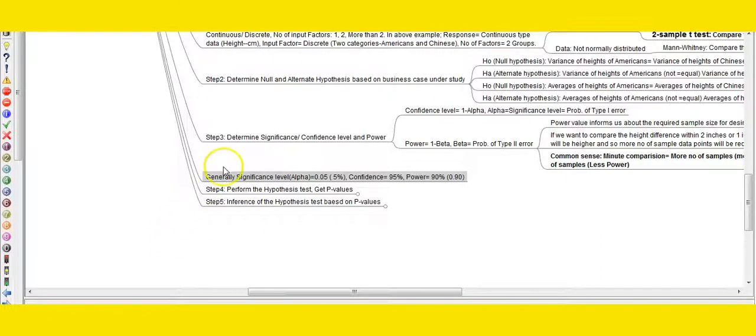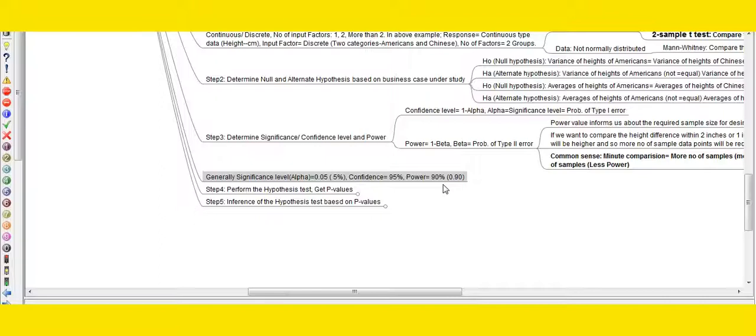A general thumb rule for the significance level, which is also called alpha, is that we normally take it as 5%. Confidence, which is 1 minus alpha, is 95%, and power we generally take as 90%. But again, case to case, study to study, based on the type of business scenario and the things we are studying, it will differ.